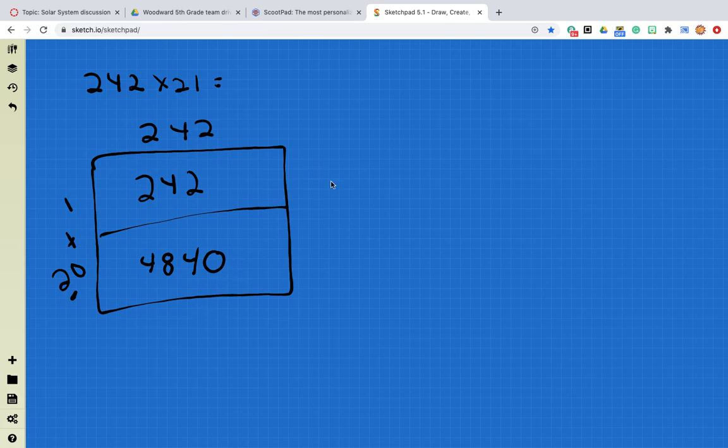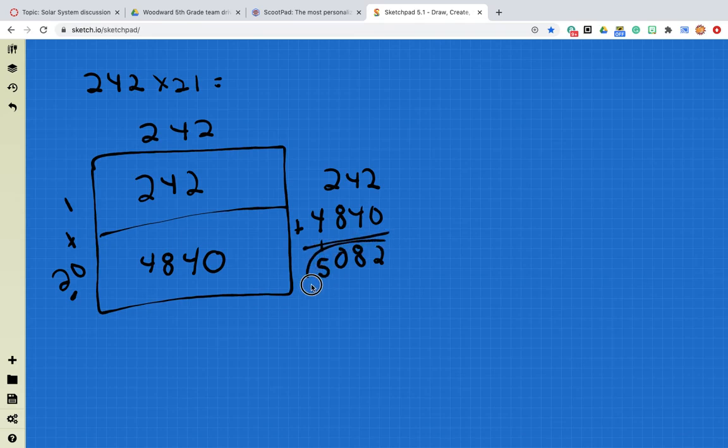Okay? Then when I come over here for my partial products, I'm going to have 242, and I'm going to add to that 4,840, which gives me 2 and 0 is 2. 4 tens plus 4 tens is 8 tens. 8 hundreds plus 2 hundreds is 10 hundreds, which is 1,000. 4 thousands plus 1 thousand is 5,000.